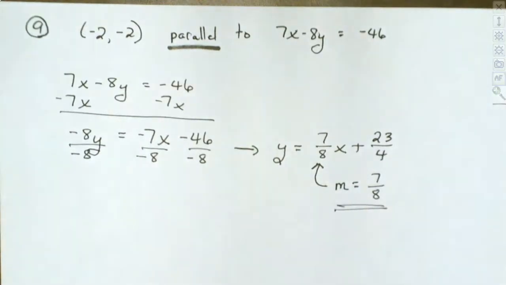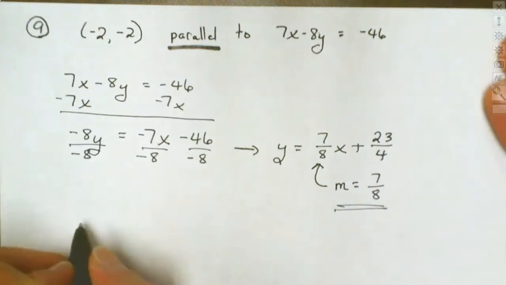Now this is parallel, so what does it mean if it's parallel? Do we have to change the slope? No, because what are parallel lines? Same slope. Okay, so we move that over, we solved it out, and we got to the point where we have our slope. And let's make sure everything looks right here. Yep, move that 7x over with subtraction, just like we were supposed to, divided it. Double negative, made that then positive.